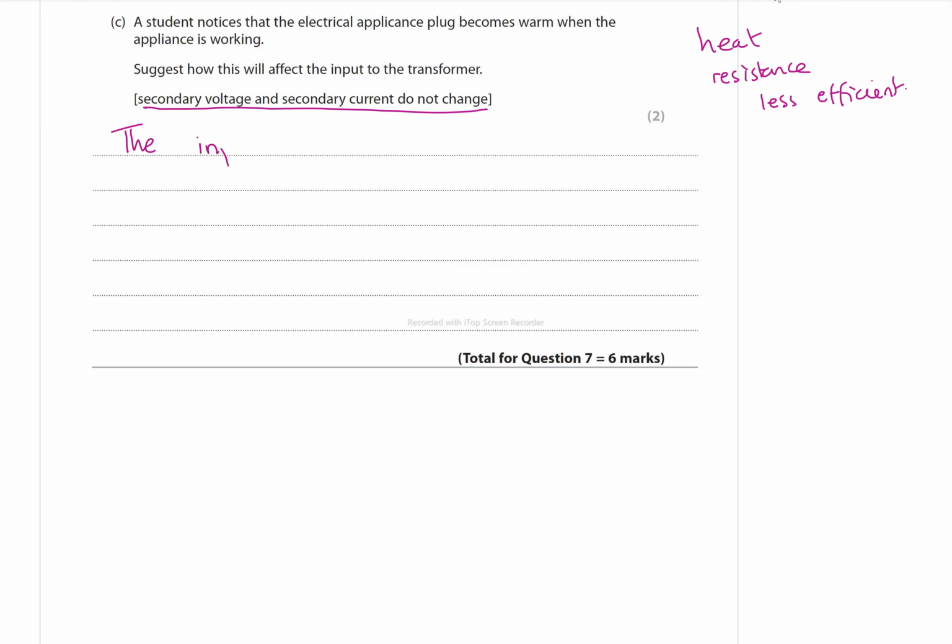So the input power has to increase. The input voltage remains the same.